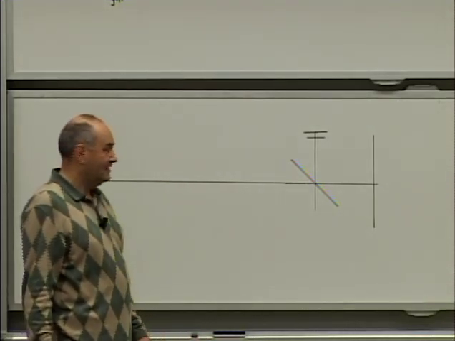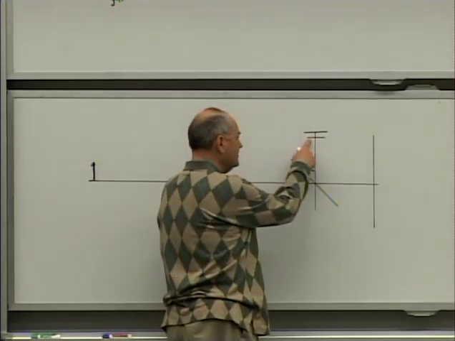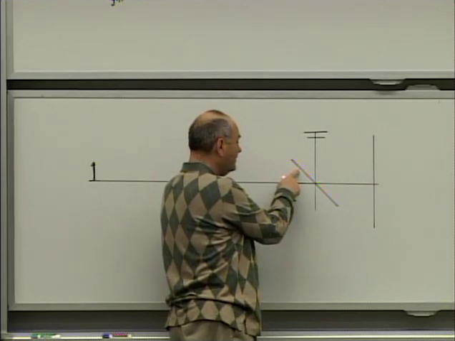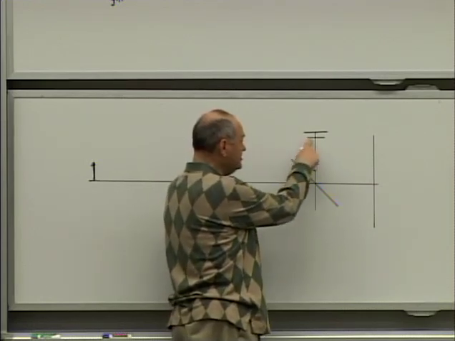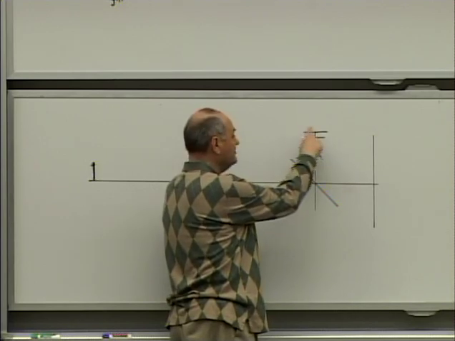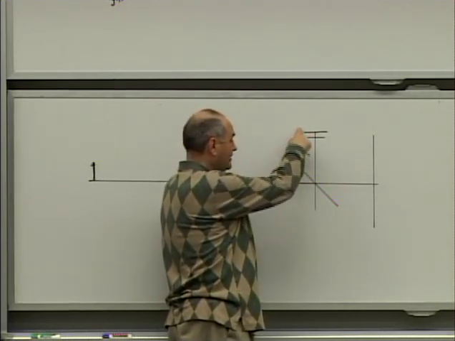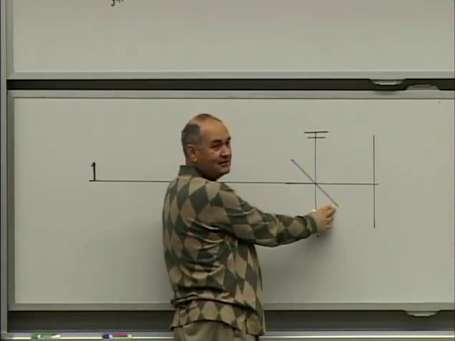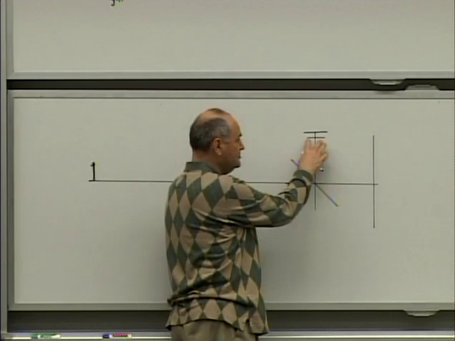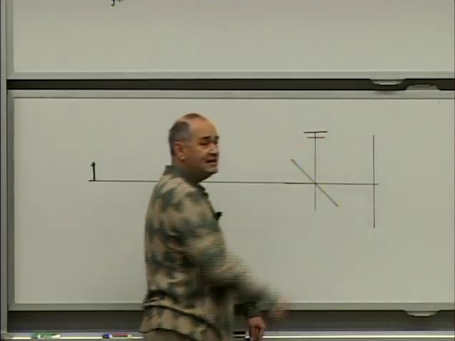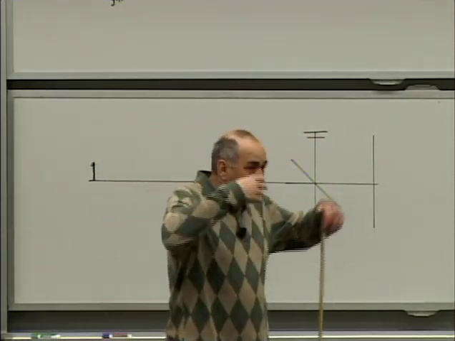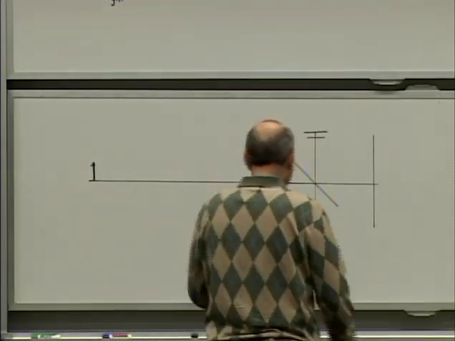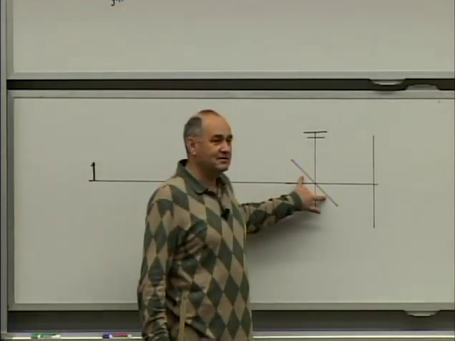Now, in order to put the image somewhere in this plane, where should be the object for this mirror? Because the object for the eyepiece is an image produced by this flat mirror. This flat mirror produces an image just in front of the eyepiece, on which we look through that magnifying glass. So where should be the object for this mirror?